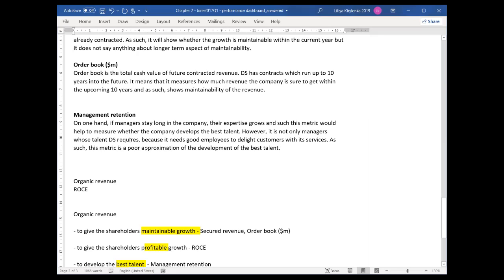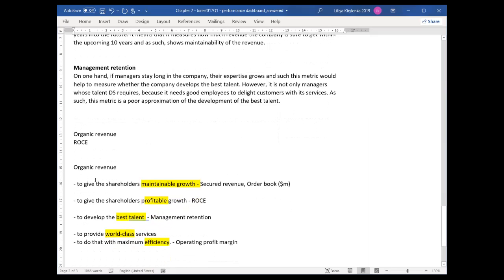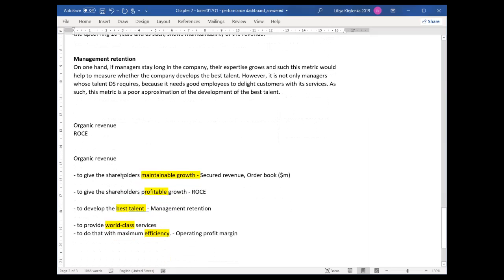Okay, organic revenue. What can organic revenue measure? We talked about the fact that organic revenue does not really say whether the growth is maintainable, and it does not really say whether it's profitable.